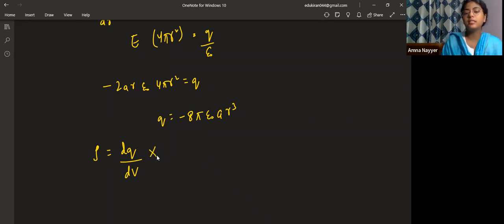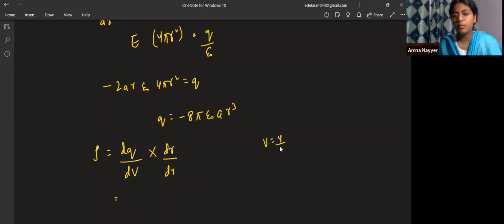So one method is to multiply and divide this whole term by dr, so you will get volume directly also. One method is this. So when you write this, volume is 4 by 3 pi r cube, right? So 3 goes up, and that becomes 24.